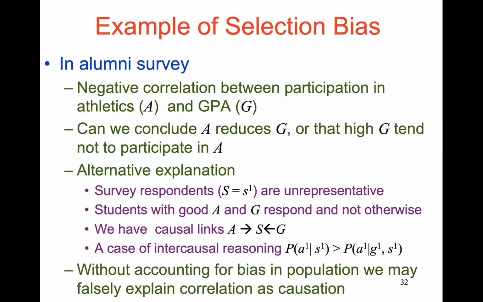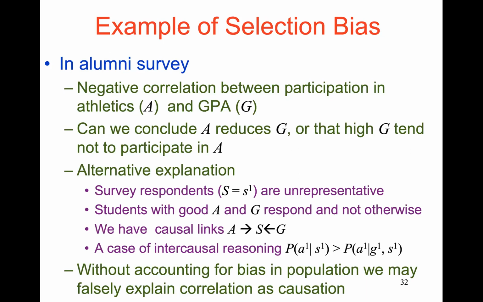In an alumni survey, the university sent out a survey to the alumni about what they liked when they were students at the university. And they found a negative correlation between participation in athletics A and GPA G. So they found that those who participated in athletics had a lower GPA, and those who had a higher GPA participated less in athletics.